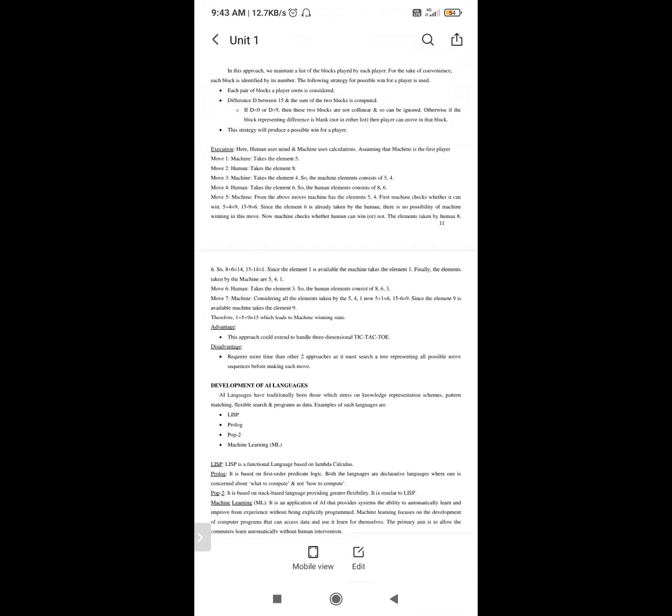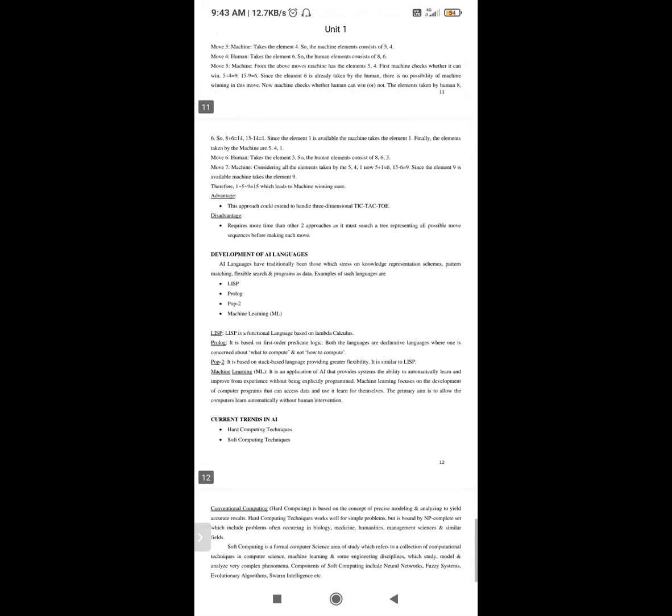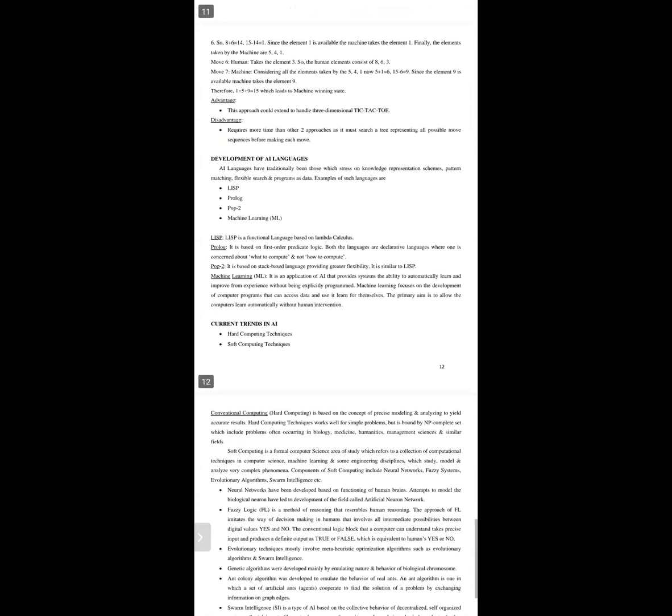Coming to the development of AI languages. AI languages are represented in the following languages: Lisp, which stands for Lisp processing, Prolog, which is logical processing, POP2, and machine learning.